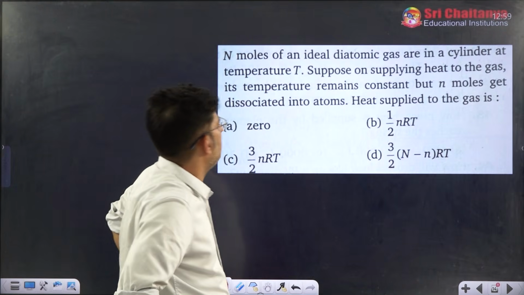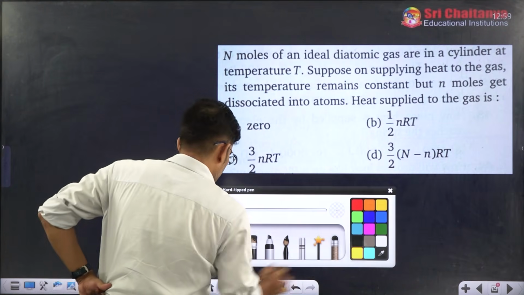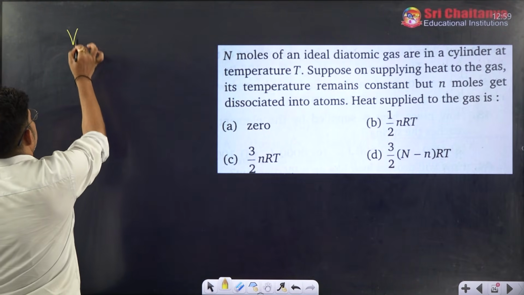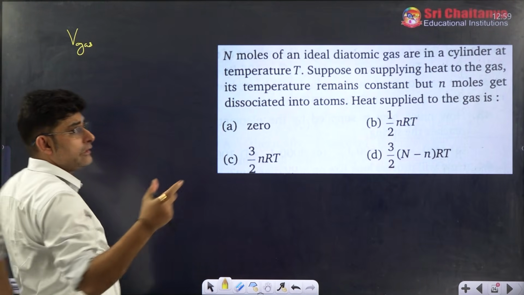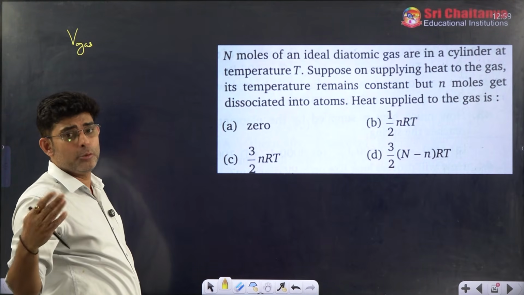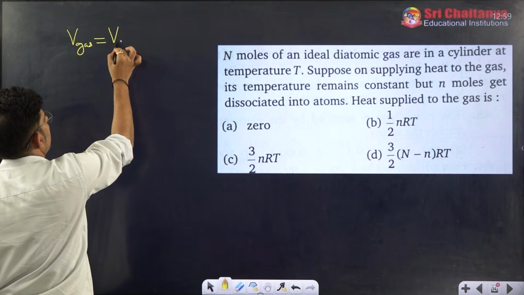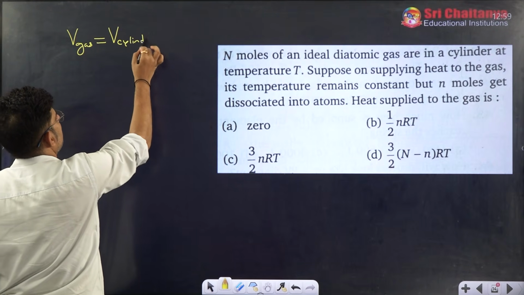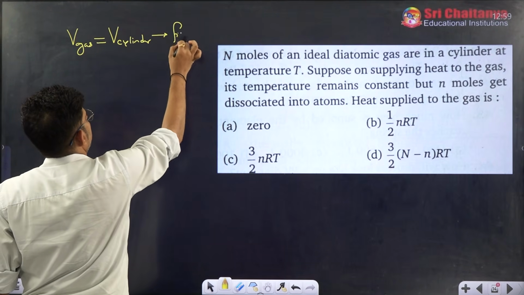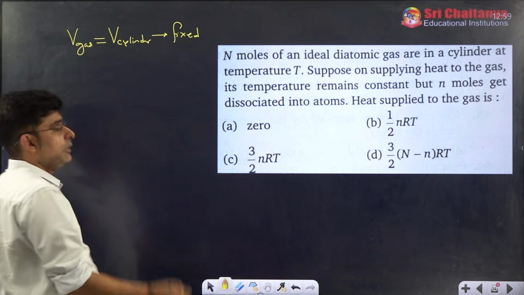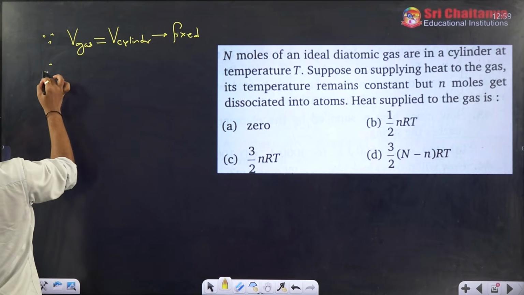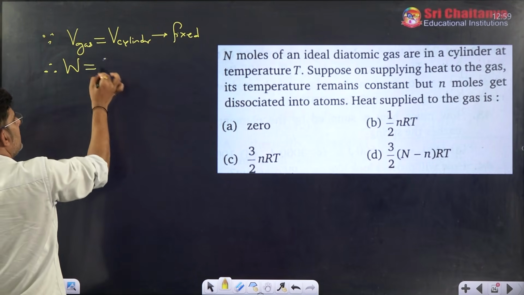We have seen over here that the volume of gas, they have not said that the gas is fitted with any piston or something. So there is no scope of increasing or decreasing the volume. So the volume of gas, which equals the volume of cylinder, is fixed. They have not mentioned any change in the volume. So this is fixed. So therefore work done will become 0.